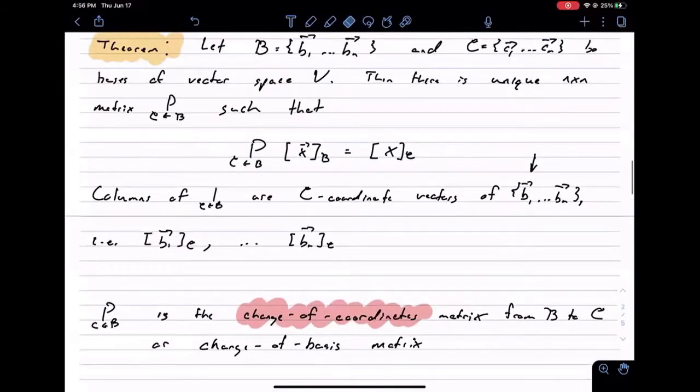Okay, so let's do another problem. I know we did a problem in both classes on how to do this. Let's look at one more problem just to get on the same page, kind of refresh ourselves on how to do this, and it'll kind of naturally lead into the last theorem of the section.